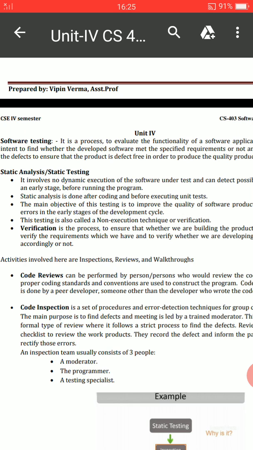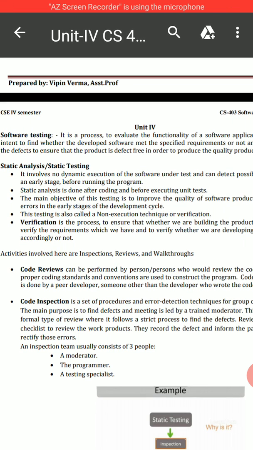That means in static testing, we are trying to verify the code or the documents that we have generated in the early stages, before running the actual code. We are not actually running the code to identify the errors. Static analysis is done after coding and before executing the unit test.